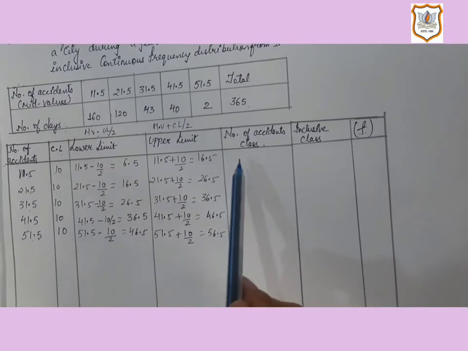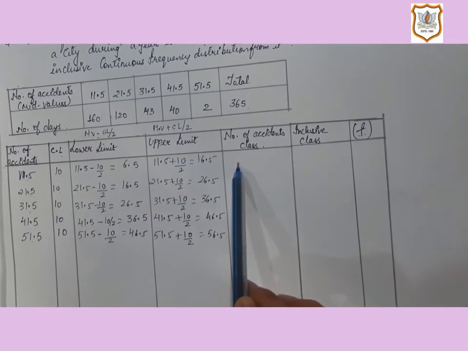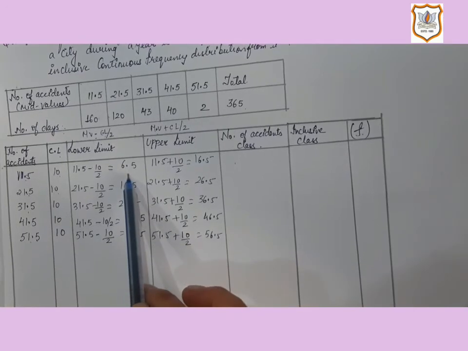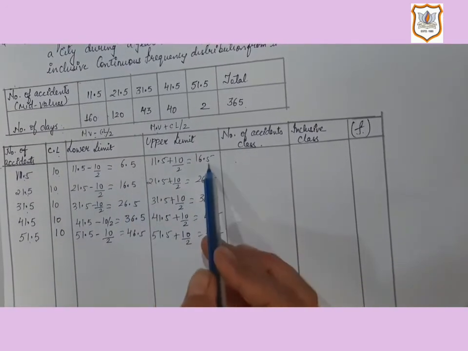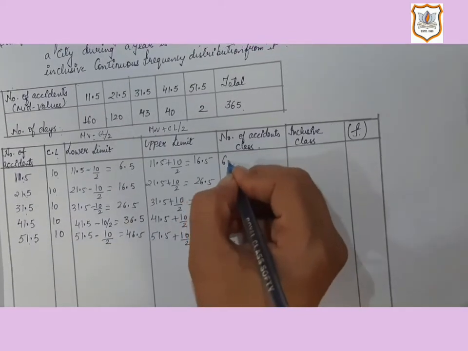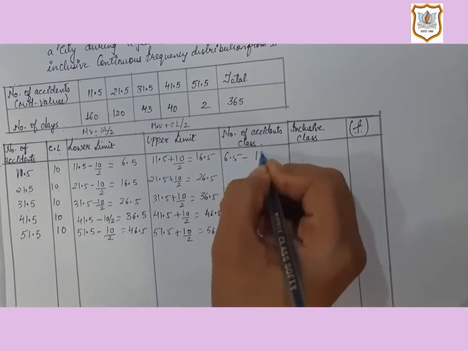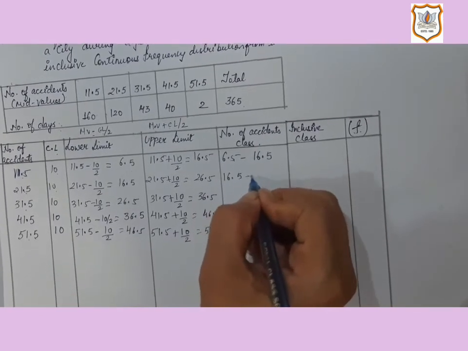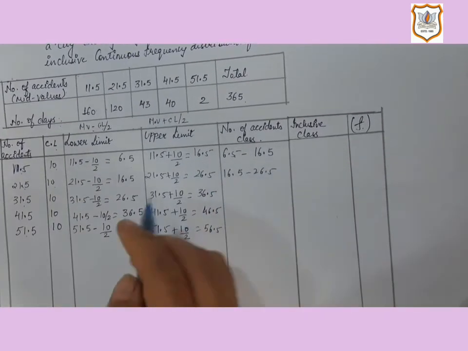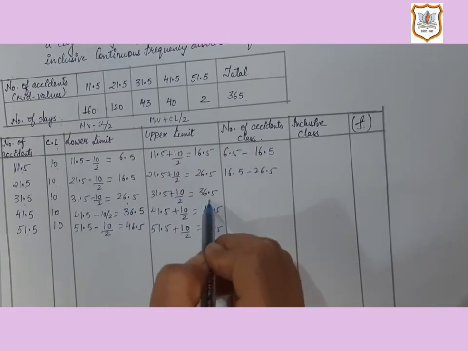Now we are going to write the class here. So what will be the initial class? 6.5 to 16.5. This is lower limit to upper limit. Then 16.5 to 26.5. Then 26.5 to 36.5.